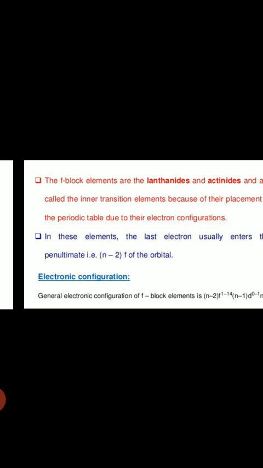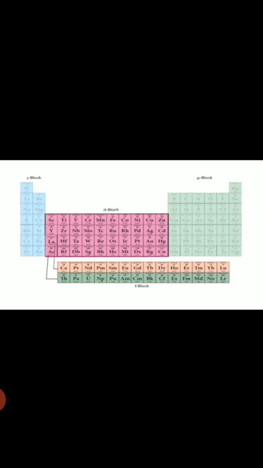Now you can see in the periodic table that the D block elements are the transition elements, and the F block elements are called the inner transition elements. It consists of two series of elements placed at the bottom of the periodic table. These two series are generated by filling of the characteristic electrons in the 4f and the 5f orbitals.